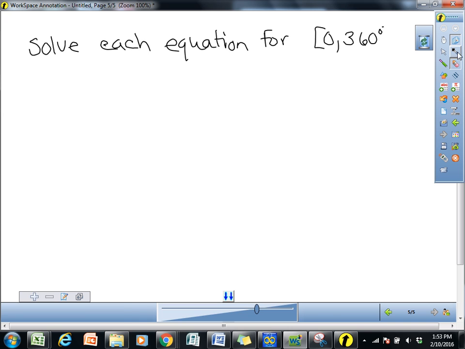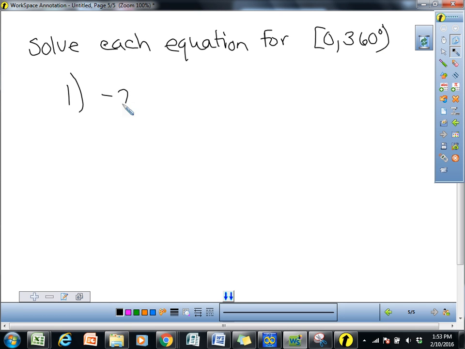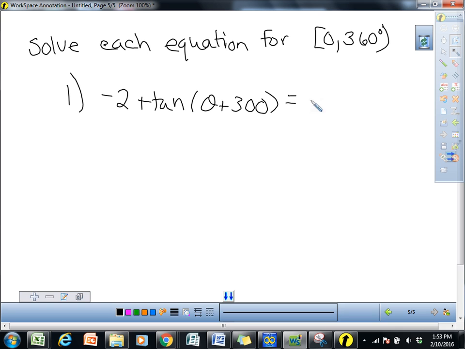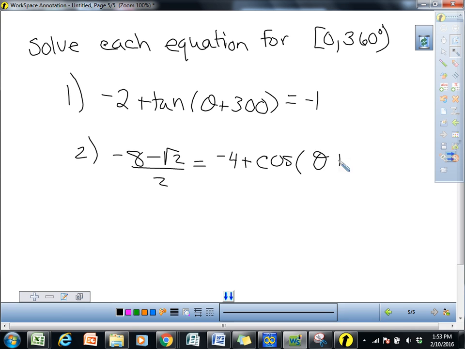Look at that. Okay. So let's do negative 2 plus tangent theta plus 300 equals negative 1. And let's do negative 8 minus root 2 over 2 equals negative 4 plus cosine theta plus 210.